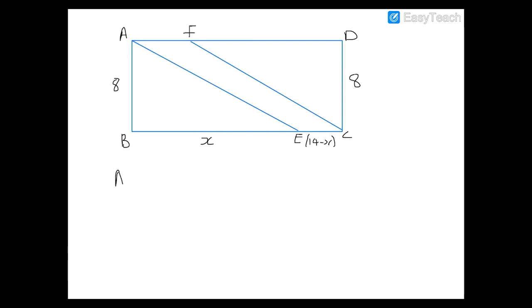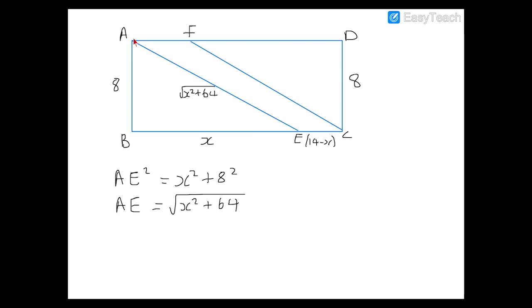So AE squared will be equal to x squared plus 8 squared, which is 64. So AE is the square root of x squared plus 64.